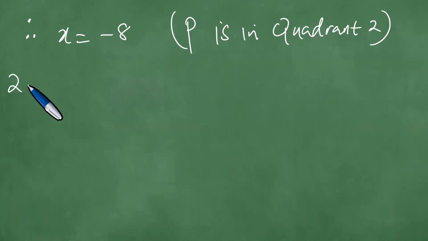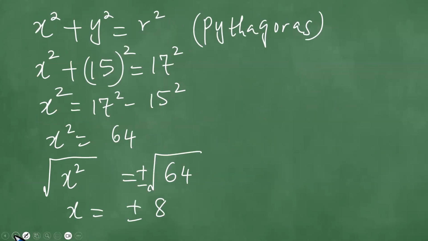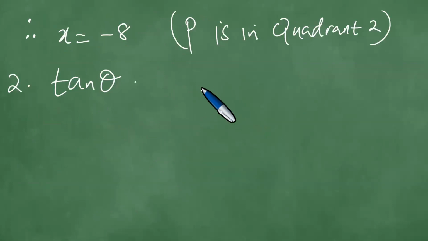Number 2. We want to find the tangent of theta. How do we find the tangent of theta? Tando, how? We know from SOHCAHTOA that the tangent is opposite over adjacent.